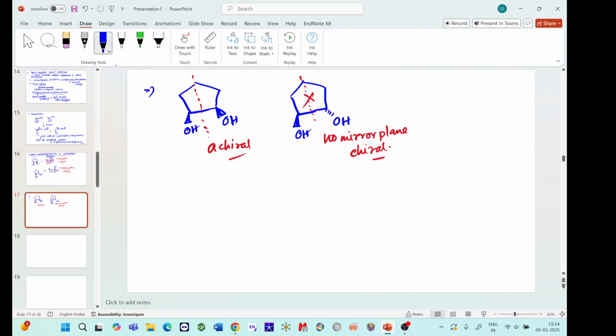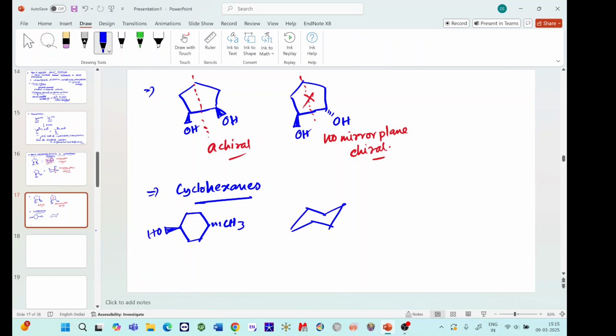Let us go to the cyclohexanes. How to represent in cyclohexane? Let's say you have this compound. Okay, how can you represent this one? Draw a chair form of cyclohexane.